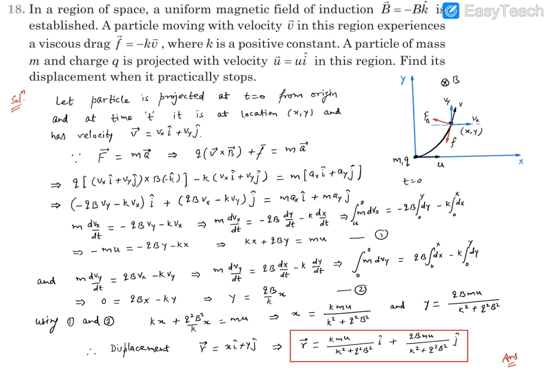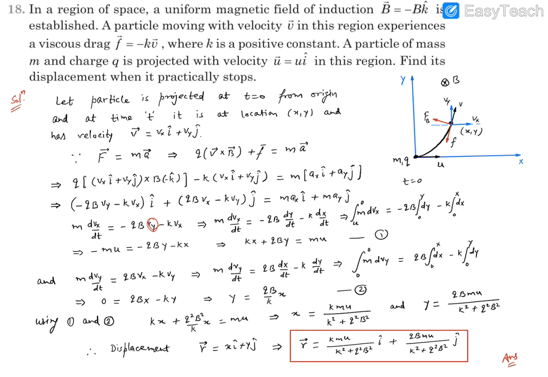Now we can compare. The x component of force must be equal to mass into the x component of acceleration. So we can write m times dvx by dt, which is equal to minus qB vy minus k vx. This is for the x component. Furthermore, on the right hand side, vy can be written as dy by dt, vx can be written as dx by dt.